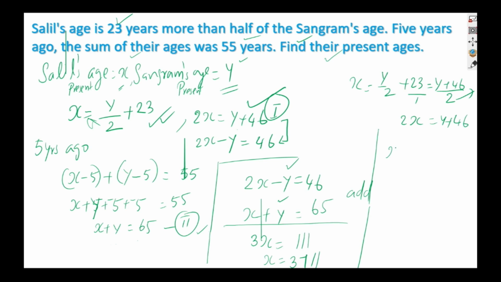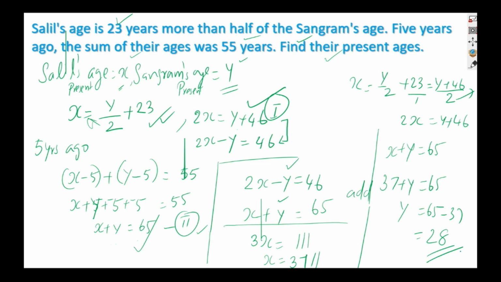We know that x plus y is equal to 65. We substitute the value: 37 plus y is equal to 65. y is equal to 65 minus 37, which is equal to 28.